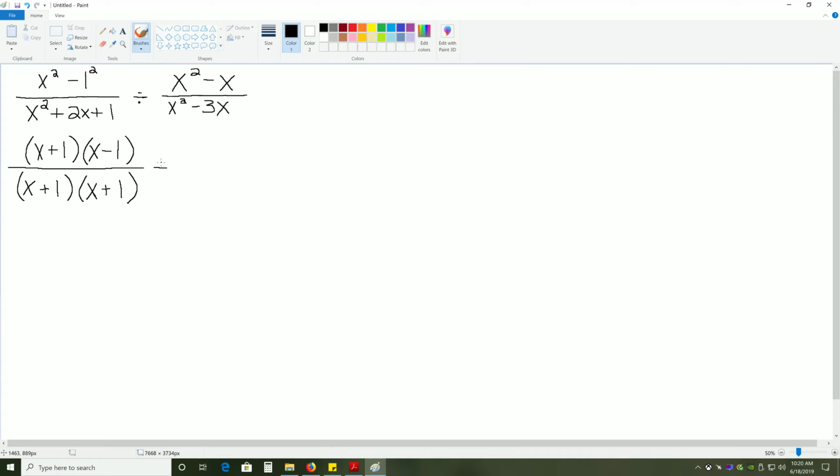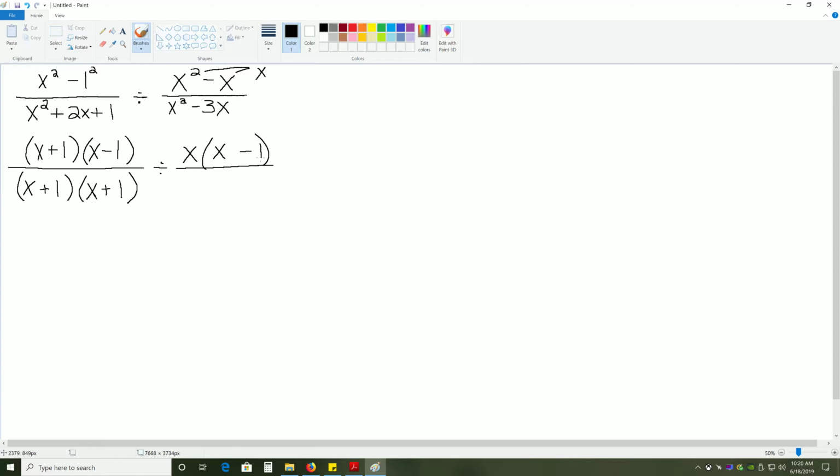And this is all divided by, on the top right, we have x squared minus x. Well, in this case, the common term that can be factored out is x. So we have x times the quantity of x squared divided by x is just x, minus x divided by x is 1.